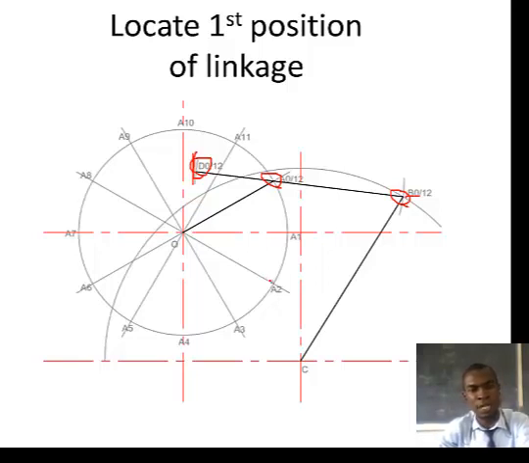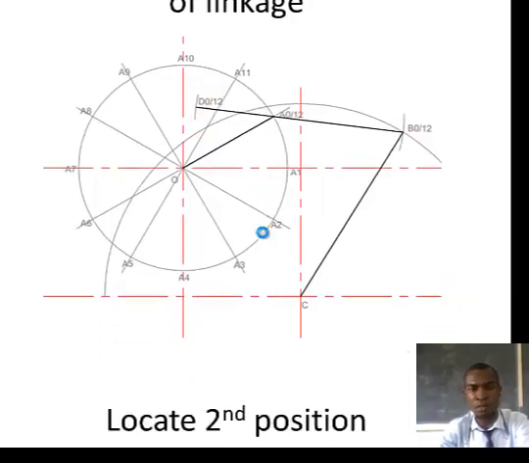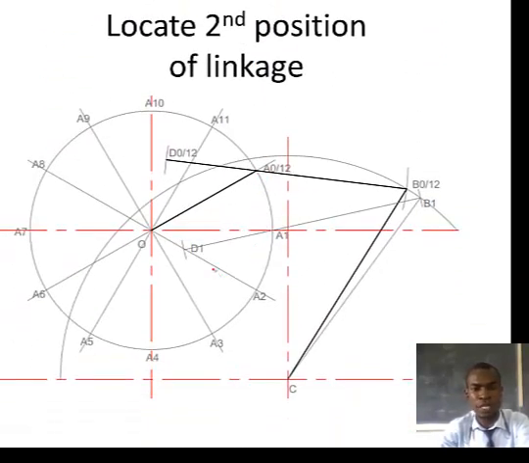The first and last positions of the linkage, you need to outline so that someone will know how the linkage looks when it starts and when it ends the movement of one revolution. To locate the second position, if position A moves from A0 to A1, the position of B will also move. The length AB will always be 50.